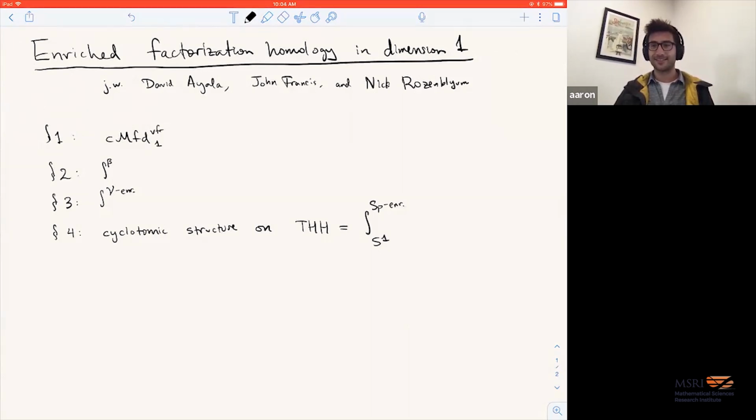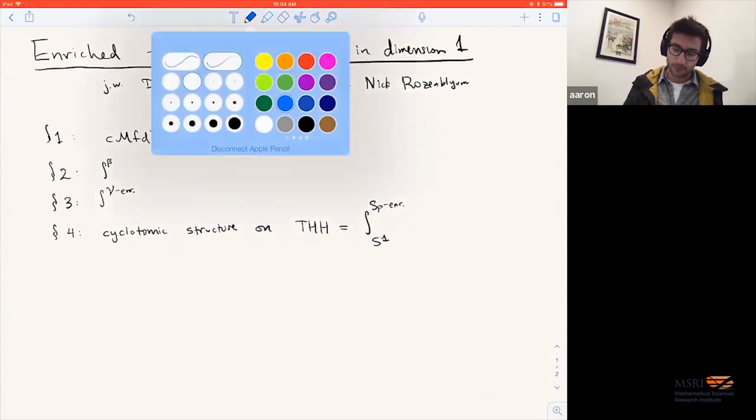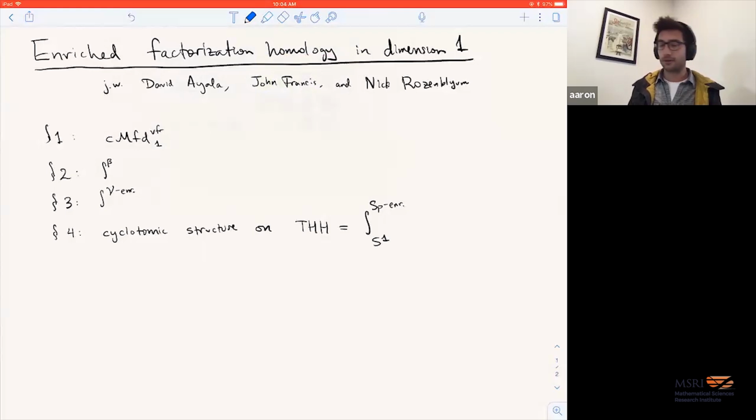I'm going to continue the saga of factorization homology. So far, we've mostly talked about factorization homology of EN algebras. Today, I'm just working in dimension one.